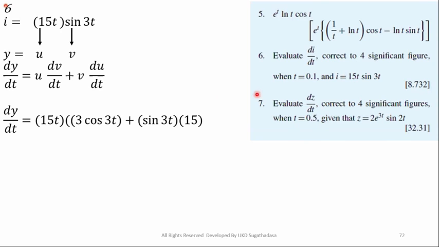Finally, we calculate the rate of change of current with respect to time, di by dt. That is important in engineering. These values give some measure, maybe voltage. This is the rate of change of current.